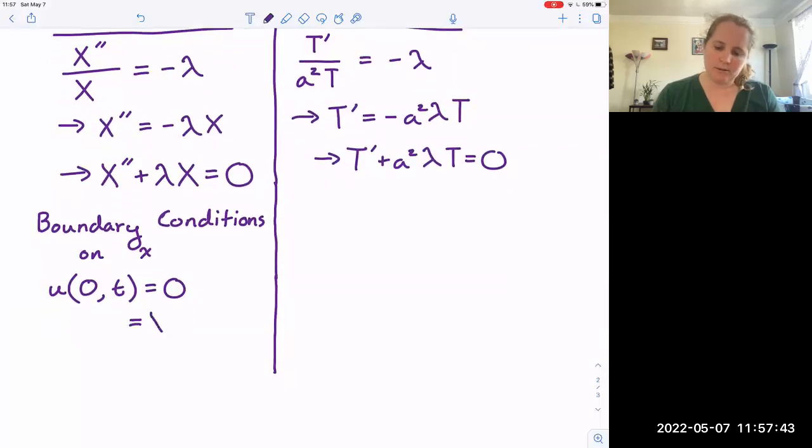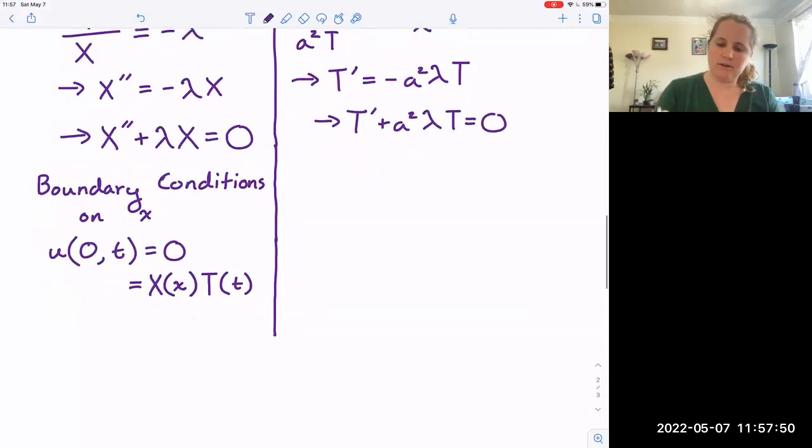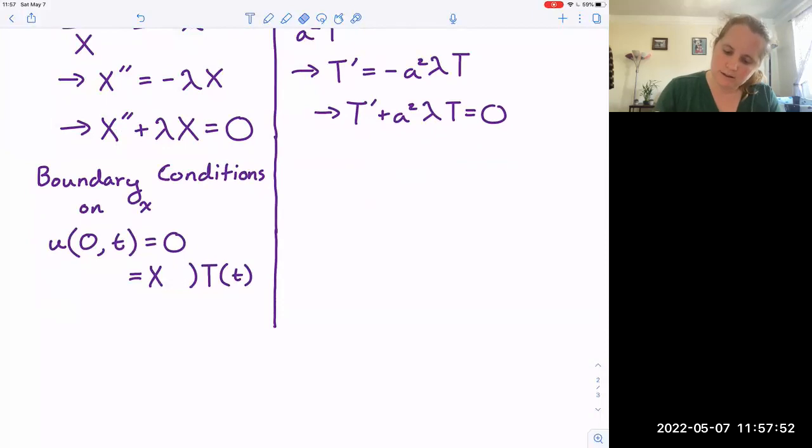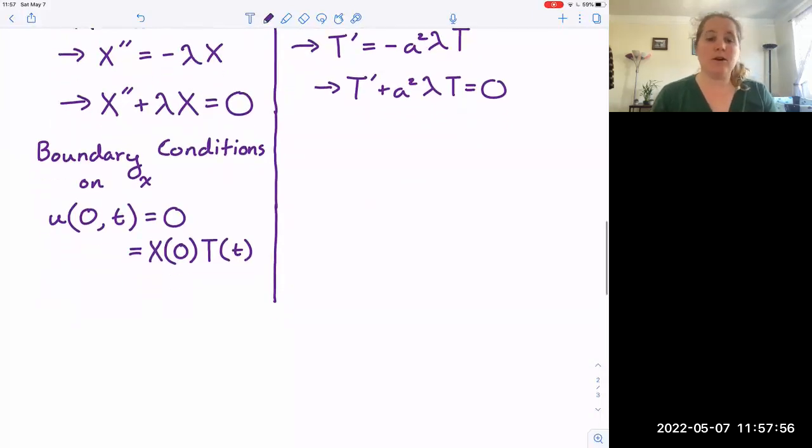This means that 0 is equal to X(0) times T(t) for all t greater than 0.